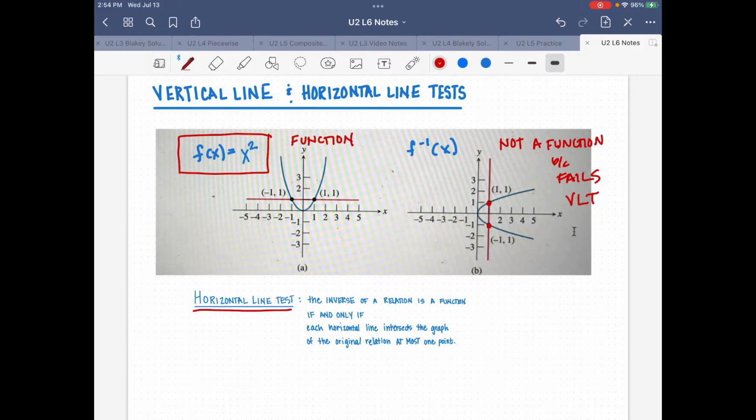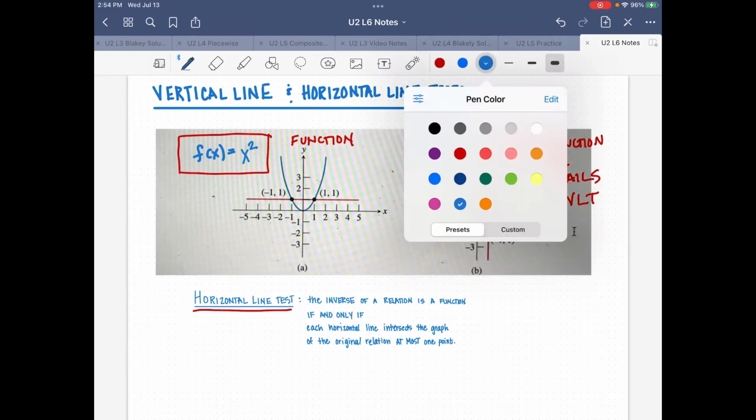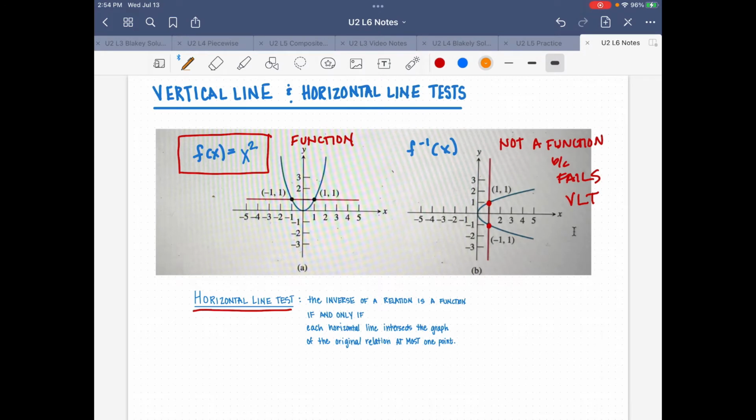And what the horizontal line test says is if you have a function, so this is my function, and we know it's a function because it passes the vertical line test. If I want to know if its inverse is a function, then I'm going to do a horizontal line test.